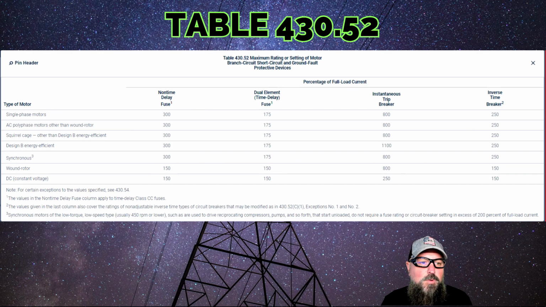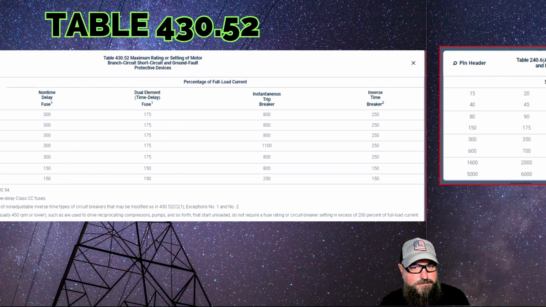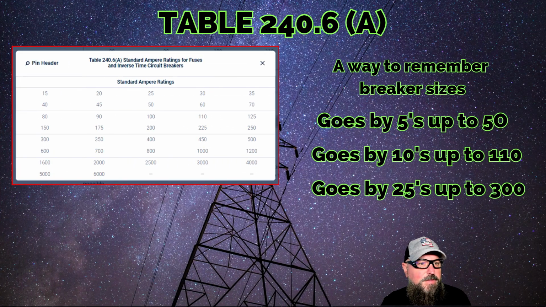So here we have 430.52. You'll see the types of motor on the left-hand side: single phase motors, AC polyphase motors, squirrel cage, design B energy efficient, and so on. And then table 240.6a. These are standard breaker sizes, fuse and breaker sizes.